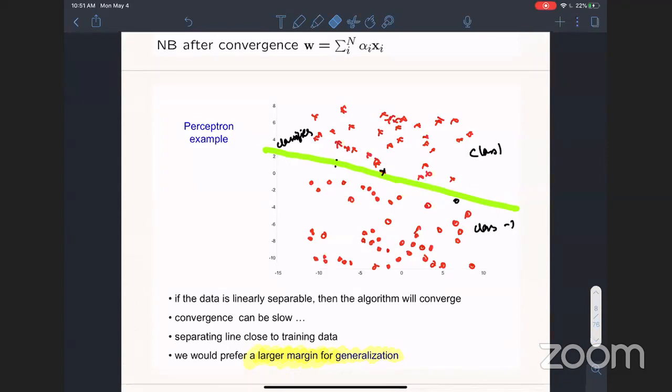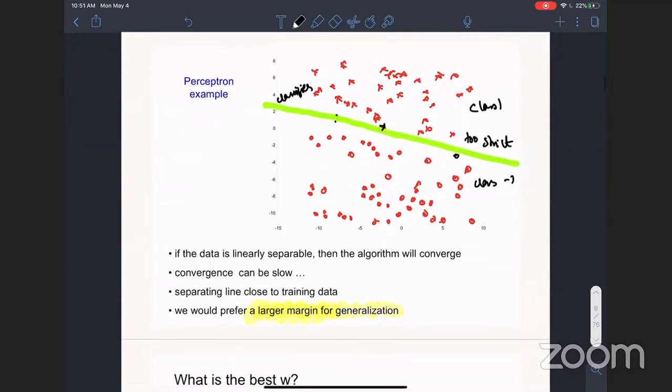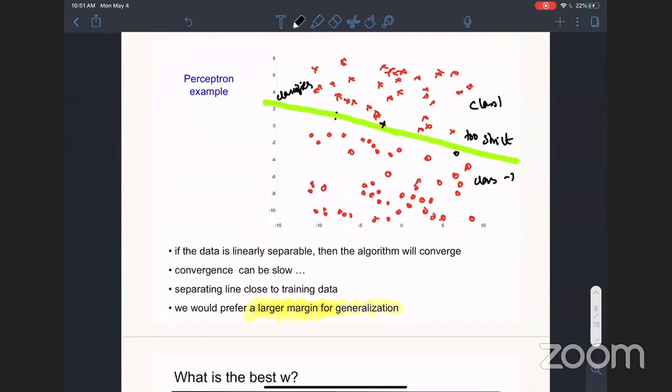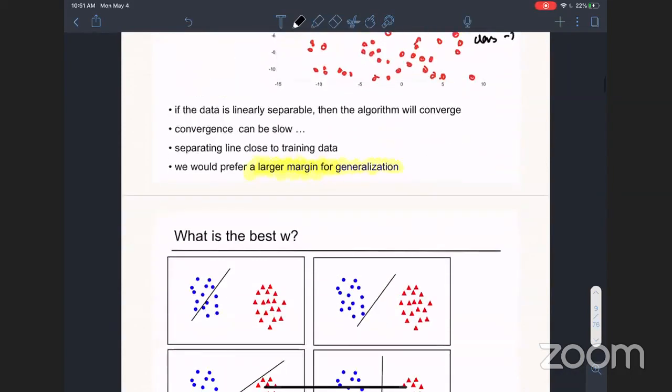You can't be too strict. This is too strict for me, it's just cutting across. So we need a larger margin, a kind of free space around this line where we can be relaxed. It's fine if we have some space here where I don't have to worry a lot in terms of classification. So we're going to define what this means.